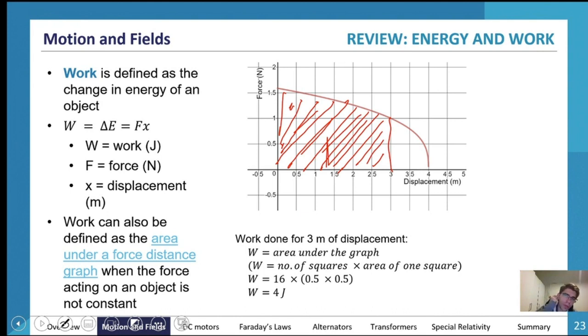The area of one square can be found by multiplying 0.5 with 0.5. Now obviously this works only and only if the displacement shown is in meters.